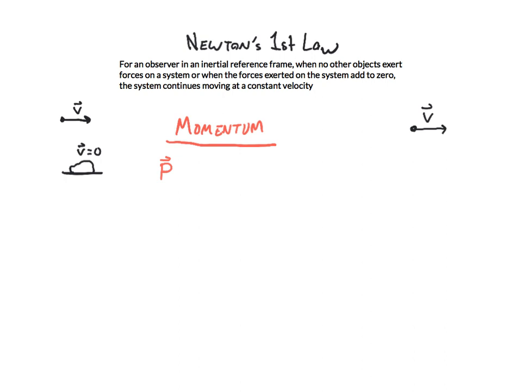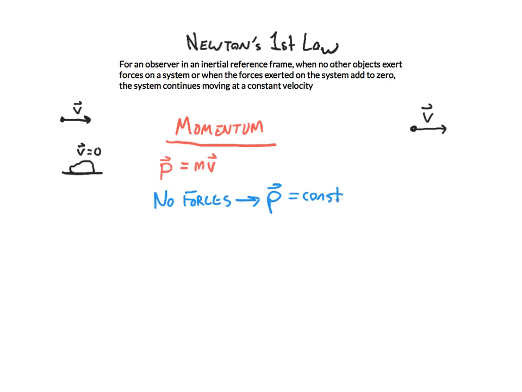We say that the momentum is the mass times the velocity. And what Newton's first law says is, if there are no forces on an object, then the momentum is constant. So this is basically the same thing as Newton's first law.